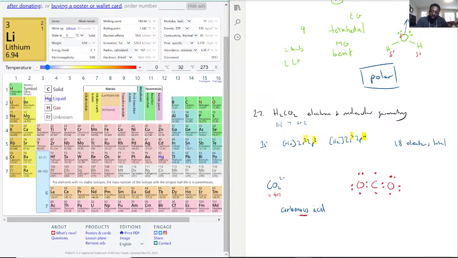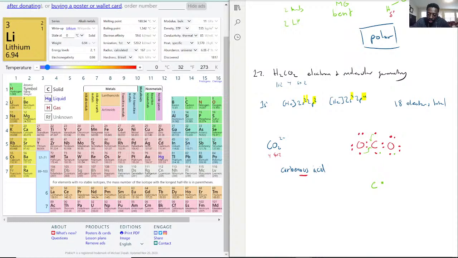Maybe if we did remove one here, so double bond there, right? And to add, okay, I see. I think I see now. This here and this here, okay? So with that being said, we have now C, O, O, because this is now going to be completely filled.